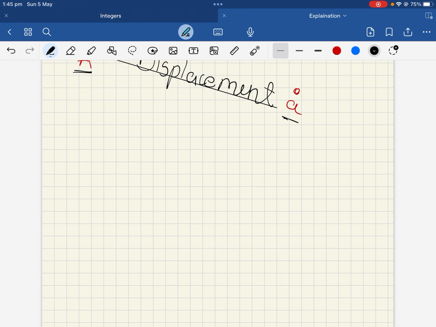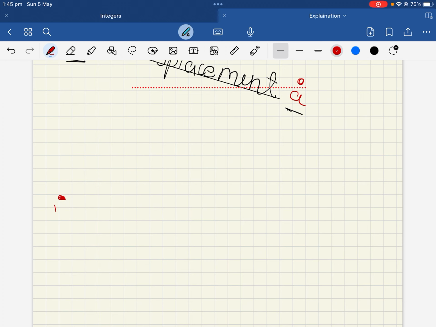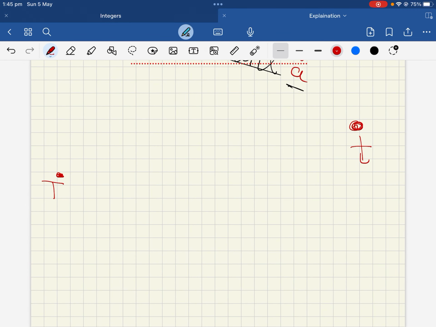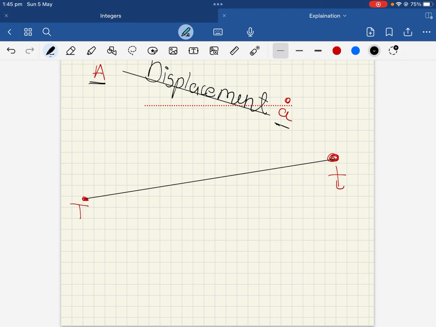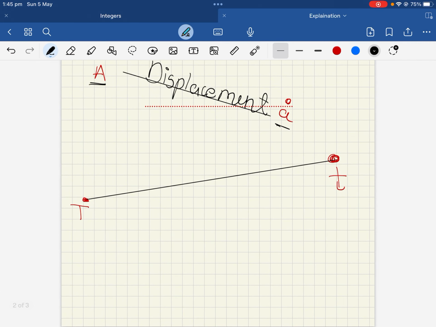Suppose we have here a train. Let us denote it by T, and this is the destination here. Let us call it place T, and there is a straight track from train T to place T, and we have another road beside the train.